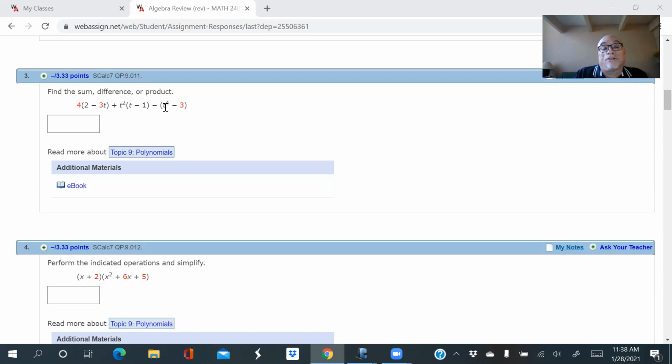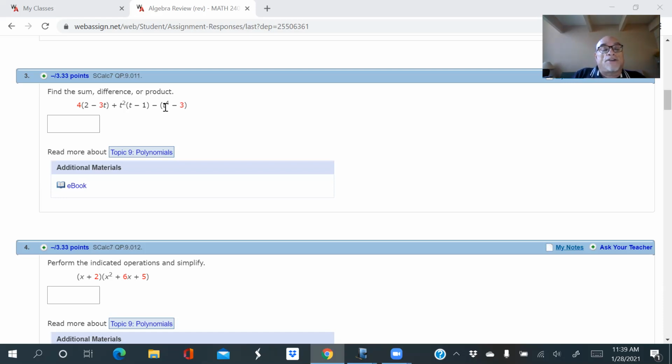Then you write your final answer there. Again, all we're doing in some of these problems is carrying out what arithmetic we can by hand, and then typing in the expression.